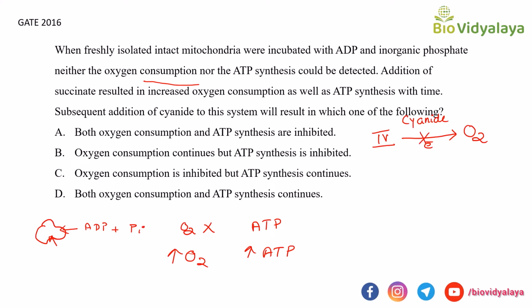So if we add cyanide to this system, then what will happen? Oxygen is unable to accept electrons from the electron transport chain. That means oxygen is not able to accept electrons from complex 4. Okay, so oxygen consumption is inhibited.